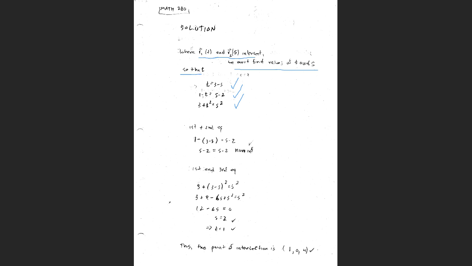I'm taking the 3 minus s and substituting it in for the t that's there in the second equation. And so we get 1 minus the quantity 3 minus s equals s minus 2. And we end up getting s minus 2 equals s minus 2. And so this is what's called non-informative.